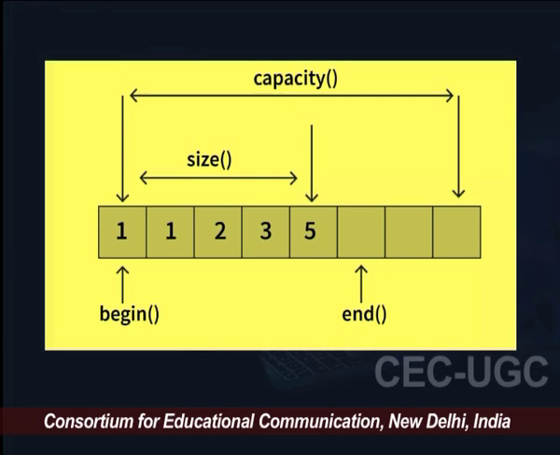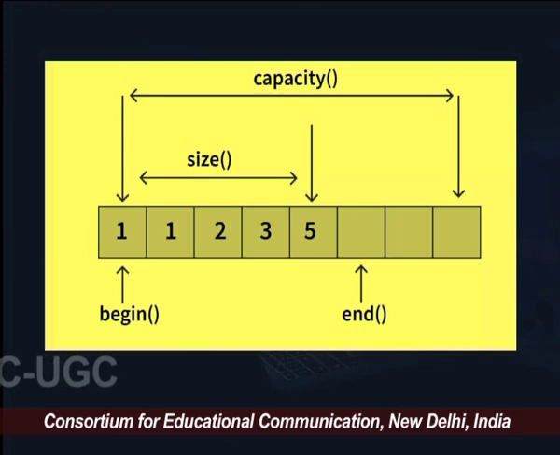These are part of the standard template library, and we have seen many functions, or algorithms, available in the STL to work efficiently on this data structure, which is the vector. Just to sum up, let us take a look at the screen, which is showing the figure of a vector.